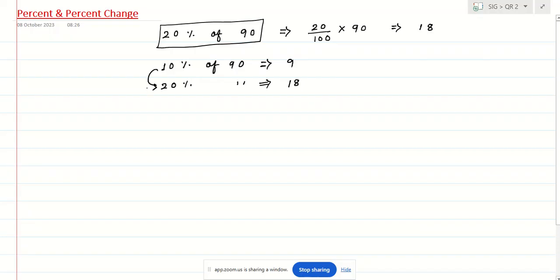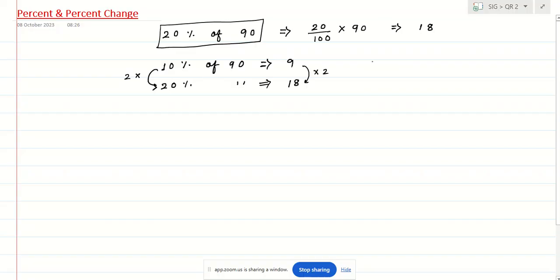Finding 10% of any number is much easier, isn't it? 10% of any number is the number divided by 10. Basically, we just cancel the 0 at the last. And then I can find the multiples of 10% very easily, into 2 and into 2 here.